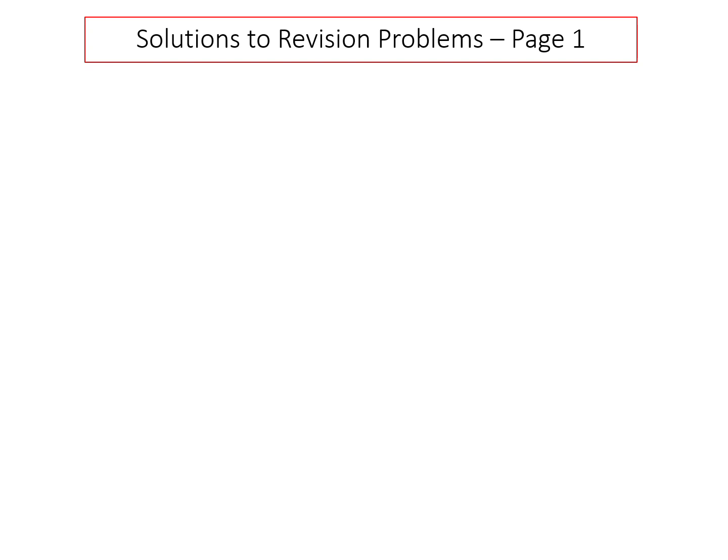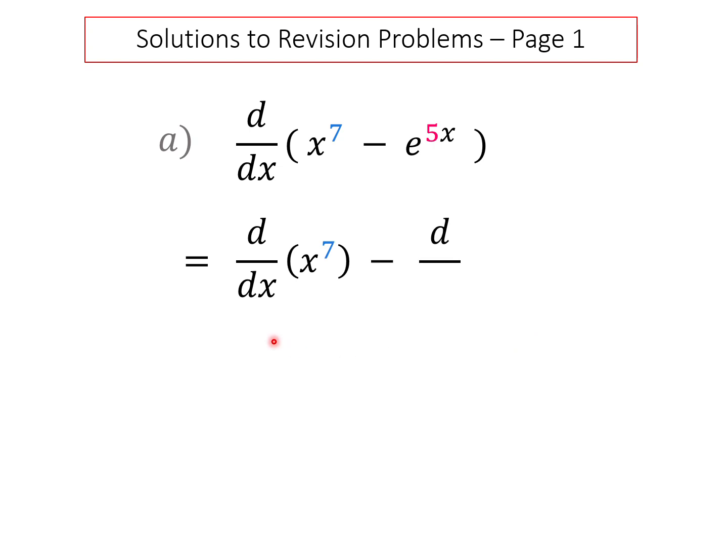So we are solving each sum step by step. The first one, d/dx of x to the power 7 minus e to the power 5x. Here it becomes d/dx of x to the power 7 minus d/dx of e to the power 5x.